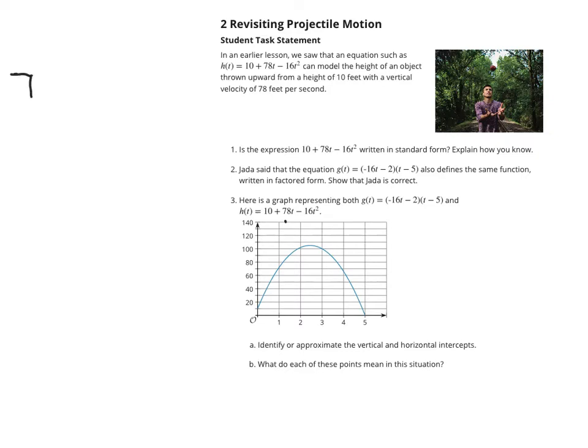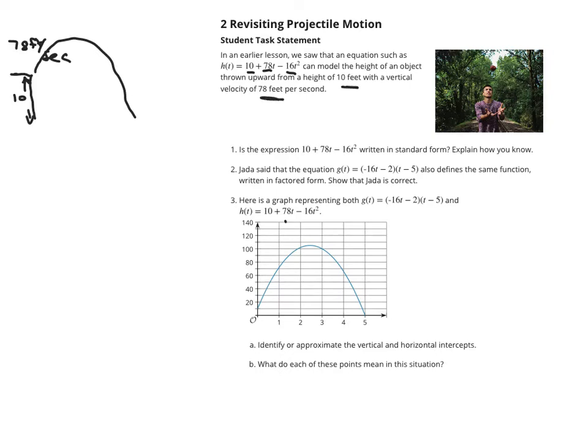That means that I'm standing on, I don't know, a ledge 10 feet from the ground, and I launch something up at 78 feet per second. Okay, this 16 relates to gravity. This is your velocity, and that is your starting point. That's what we see here and there too.